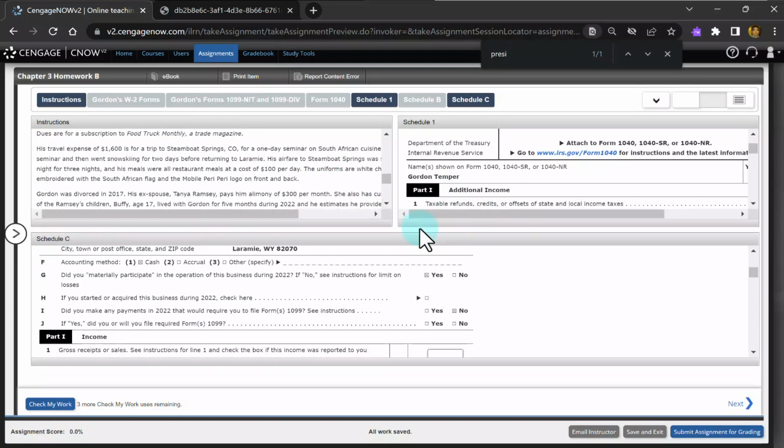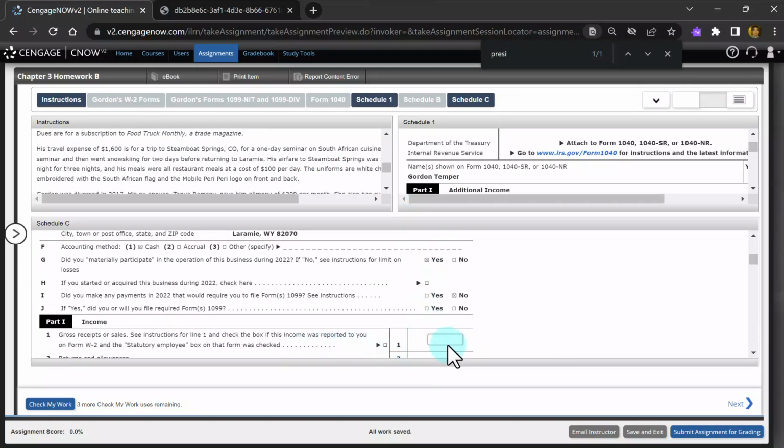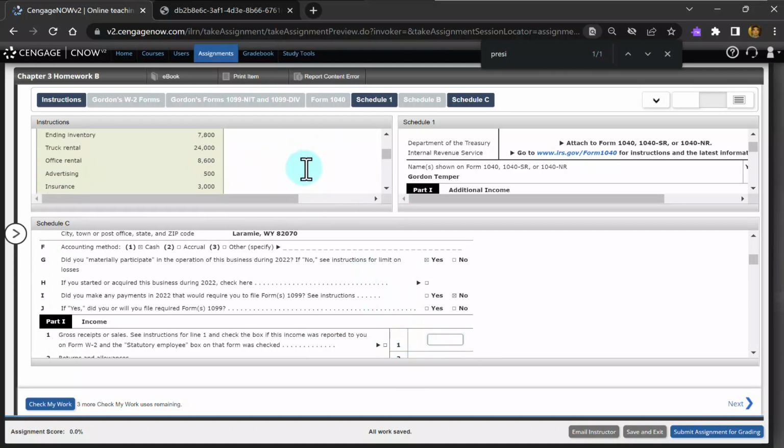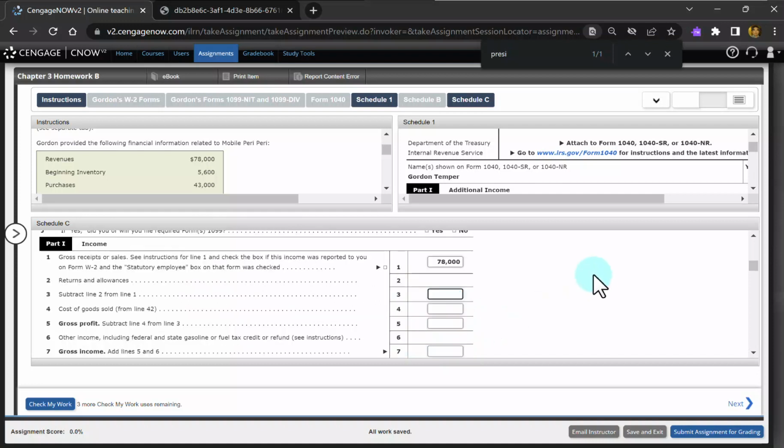And make the Schedule C bigger. So we're looking for the gross receipts or the sales. So in this colored box here, the revenue is 78,000. Let me tab, and it's a subtotal of 78,000.